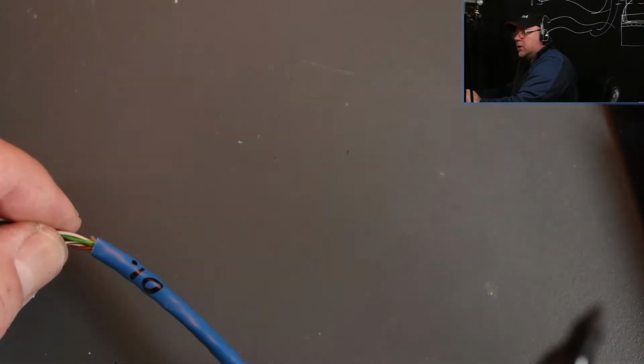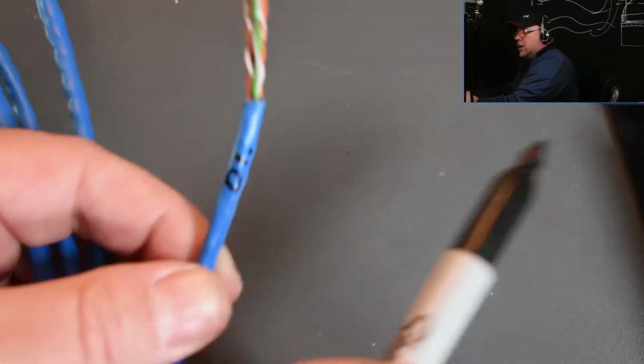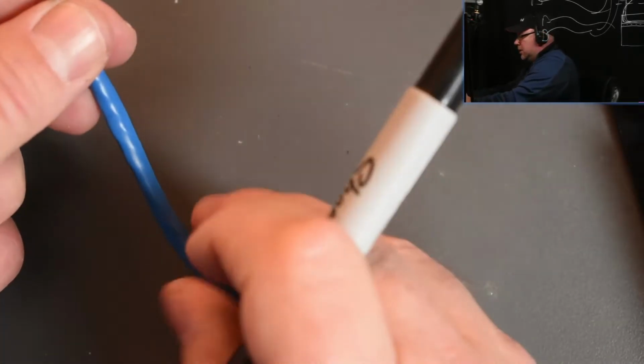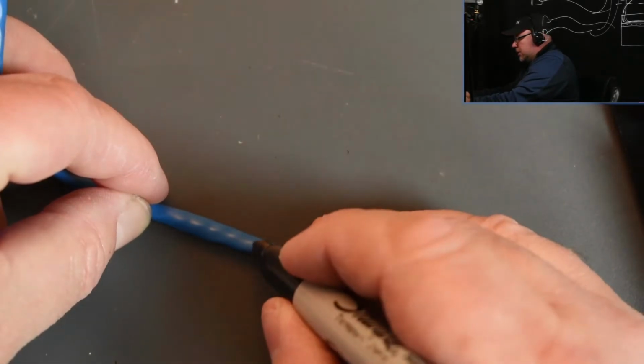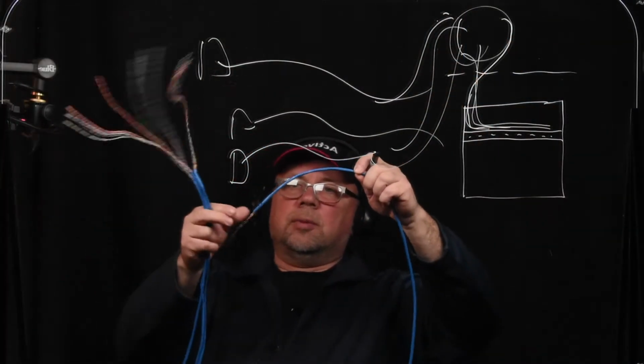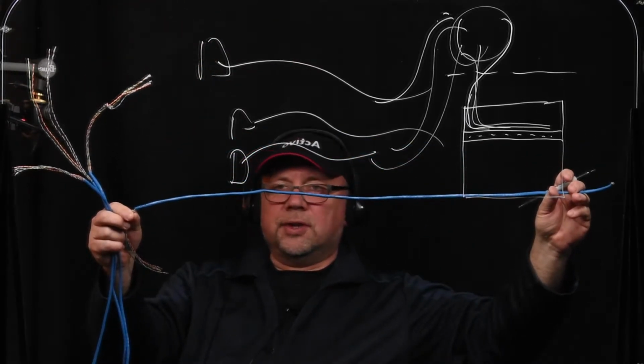If we didn't have the dot, this could be 10, but now we know that it's not 10 because it is 0, 1. And now we're going to go to the other end of this wire, and we're just going to mark it as 0, 1, dot. So now we have a wire that is labeled on both ends in the same way.